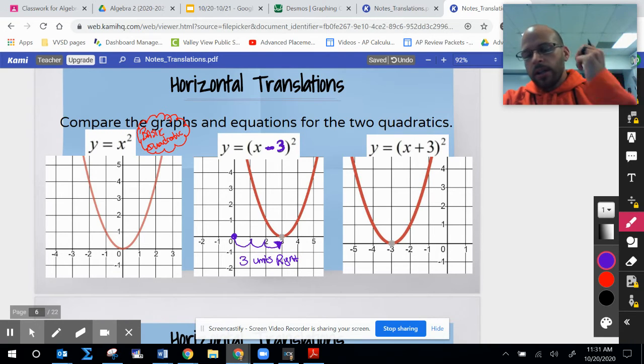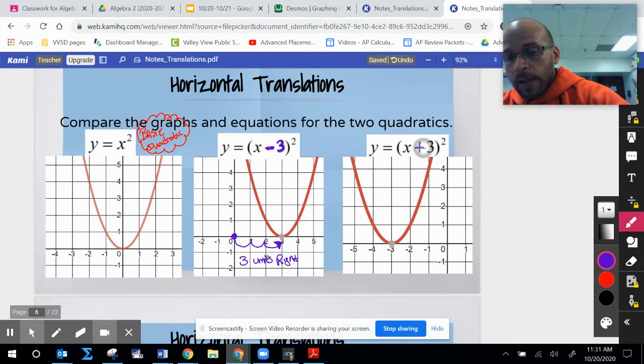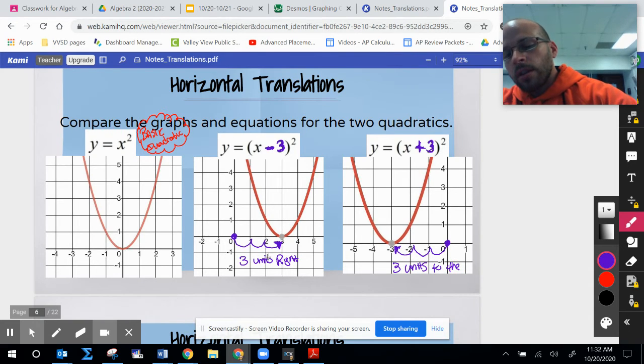Now, likewise, for this last graph, if you add 3 to the inside, rather than being at the origin, you can see where my graph is located. It's going to move it once, twice, 3 times. So it's going to go 3 units to the left.